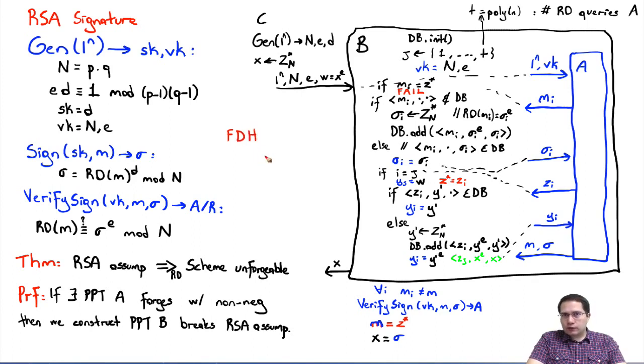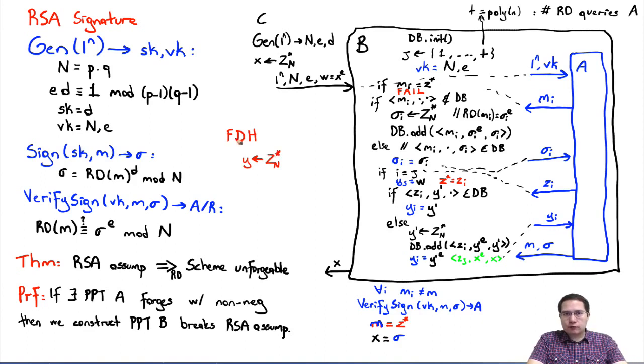The reason it's called a full domain hash is that on input some m, what it returns is some random element, let's say y, from Zn star. It's not going to return some random bit string of length some l, but instead it's going to return an element from the group, from some particular domain, instead of a random bit string.